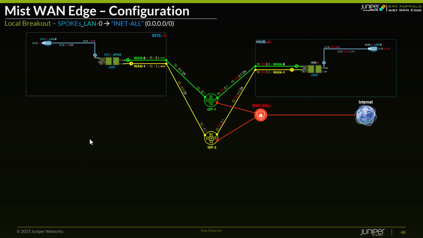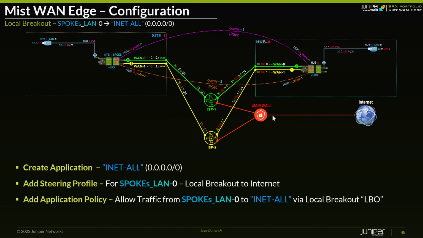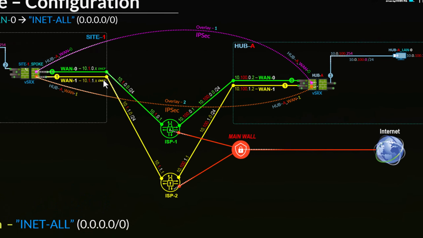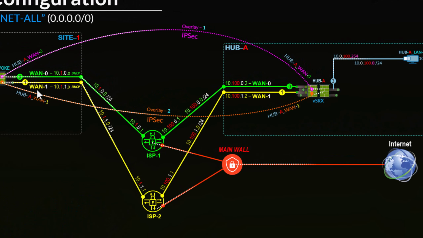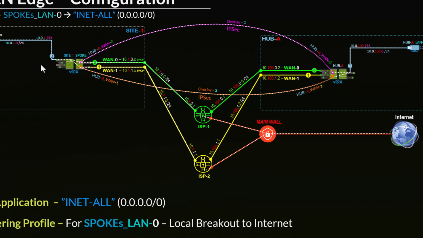So looking again at our first example, where LAN 0 on the spoke is sending traffic towards hub A LAN 0 over the VPN IPsec tunnels. But indeed, we also want to allow traffic going to the internet via the underlay network 1.0 and 1.1, what we refer to as local breakout from this LAN 0 towards the internet.